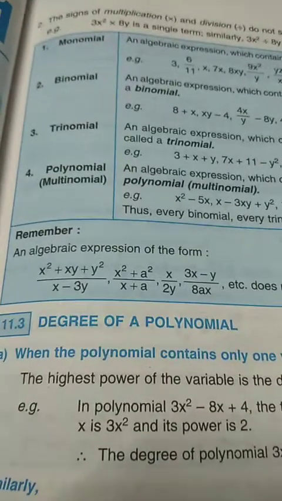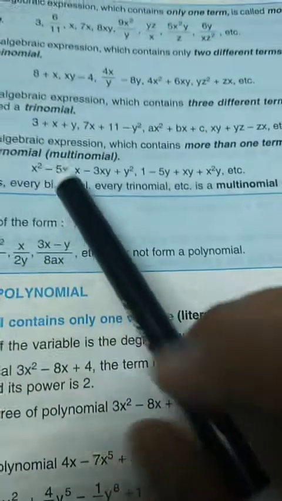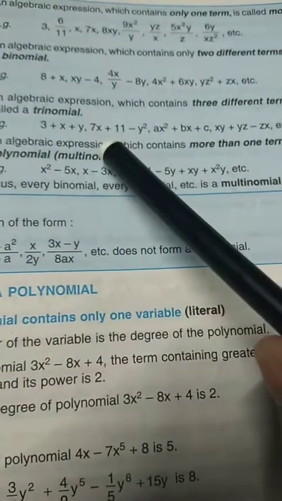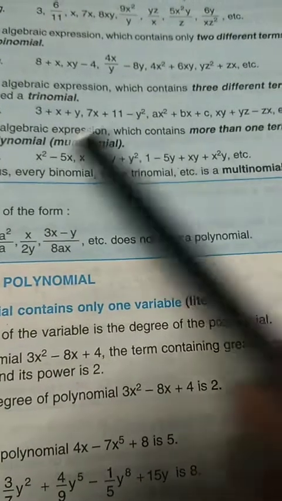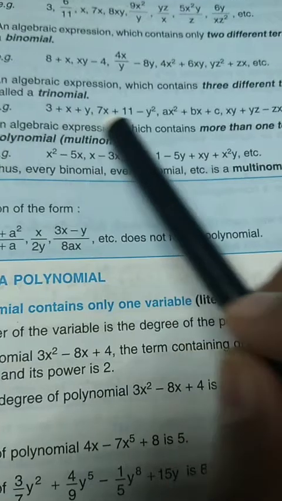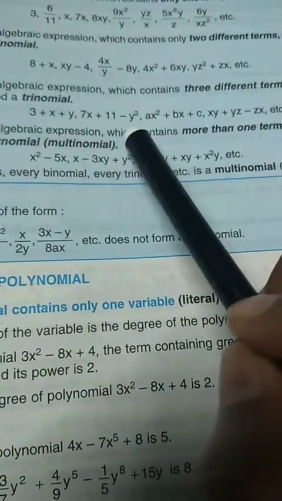In the same way, trinomial has three different terms separated by plus or minus signs. Here they have taken the first example as 3 plus x plus y. The next one is 7x plus 11 minus y square. It has three terms. You can see it has been separated by plus signs, and in the next example, by plus and minus signs.